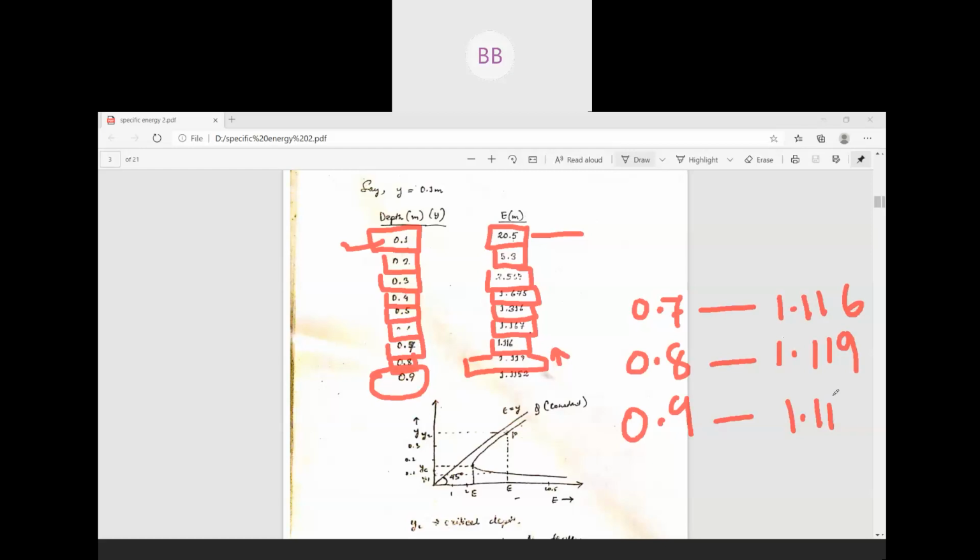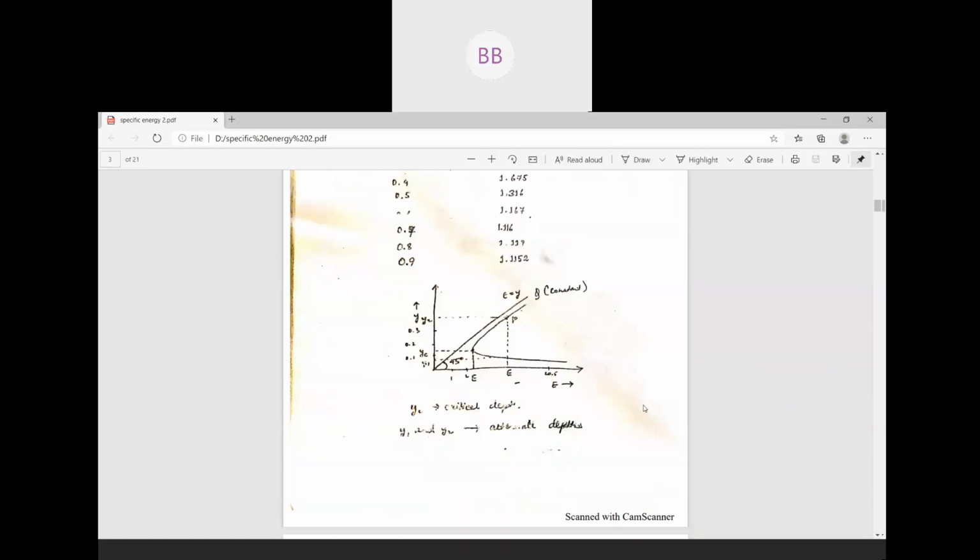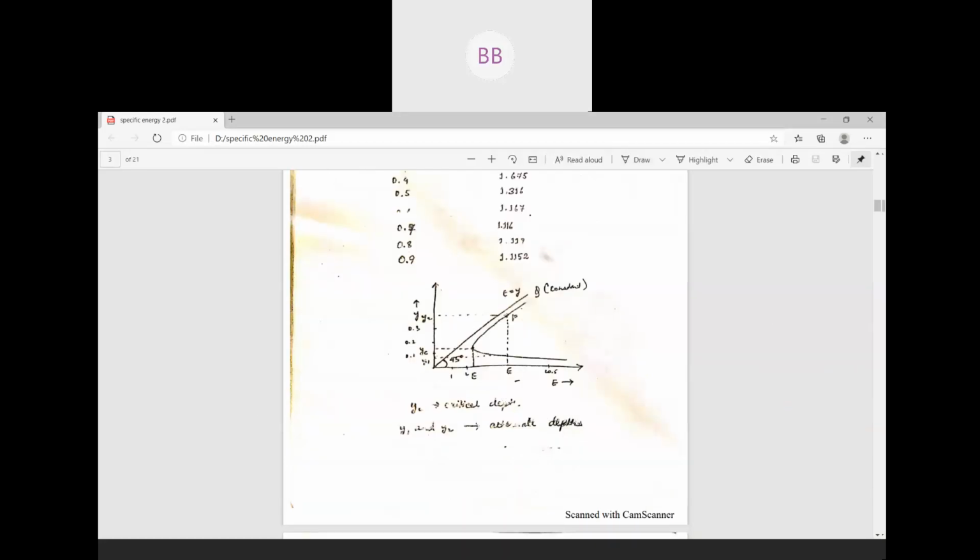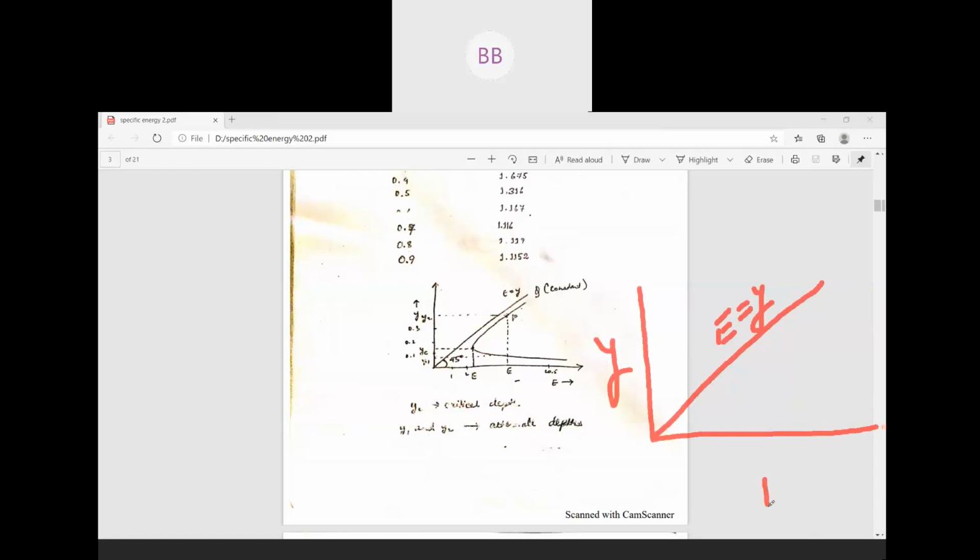So use your Excel to get the values with two decimal points, and see how, as you vary the depth, your specific energy changes. If you draw the curve, this is your 45 degree line, E equal to Y. This is your depth of flow and this is your energy.